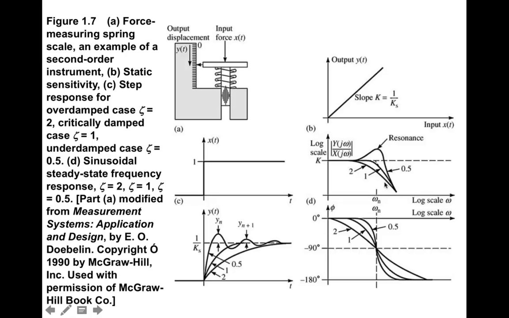For the overdamped, you actually would have two separate points where you get a change in slope, but because they're so close together, it looks like a continuous curve. And then here's the phase, and you can see that the total phase transition is the same. It's just going to occur more rapidly or more slowly, depending on whether you're overdamped, critically damped, or underdamped.